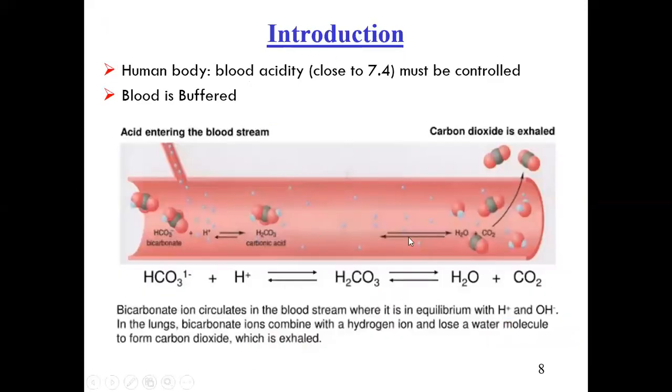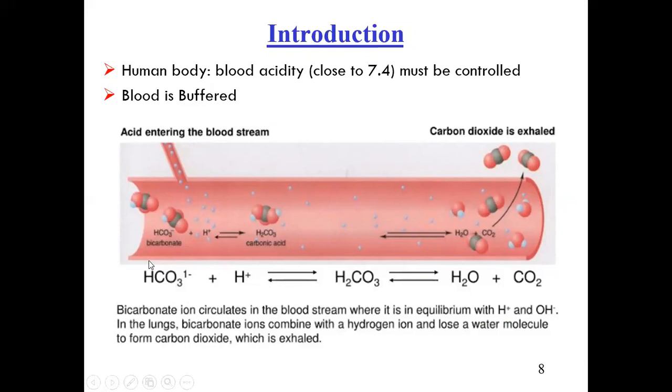Of course, our blood, and you already know that the blood acidity is constant at 7.4, is actually buffered. We're going to talk about buffers and what they're made up of, and that's a new concept for you this year. Overall, the buffering system in our blood is made of hydrogen carbonate and carbonic acid.